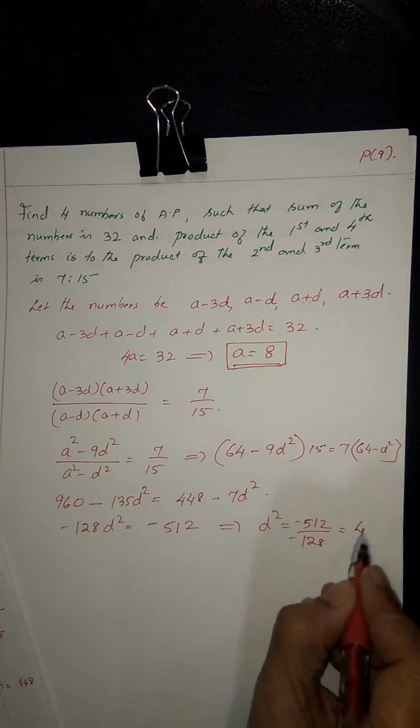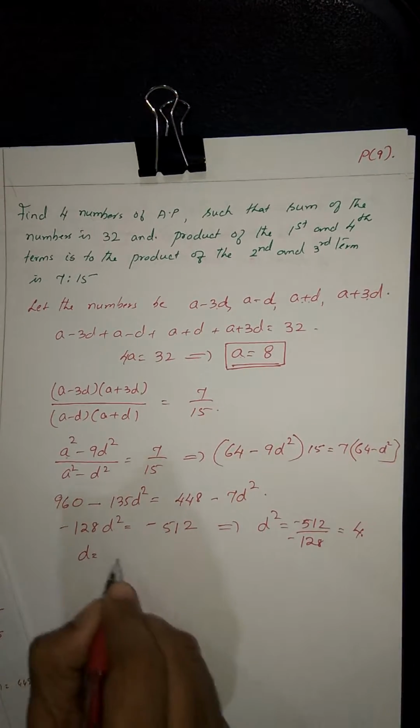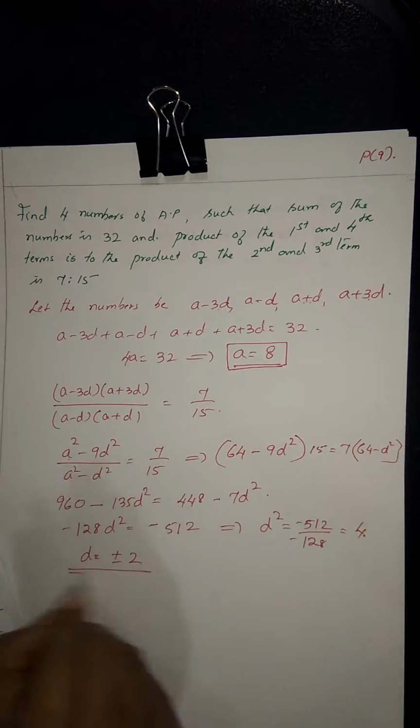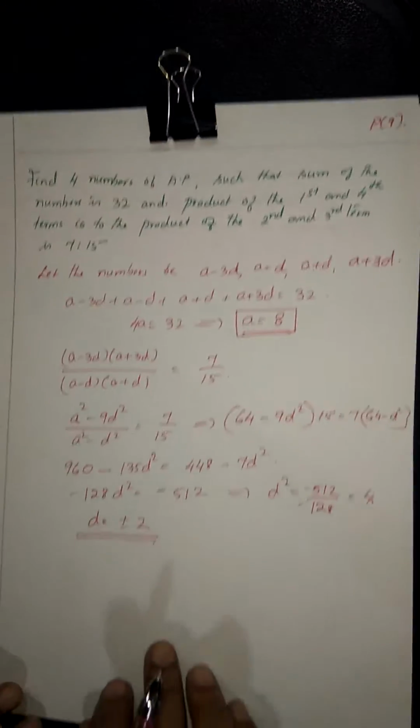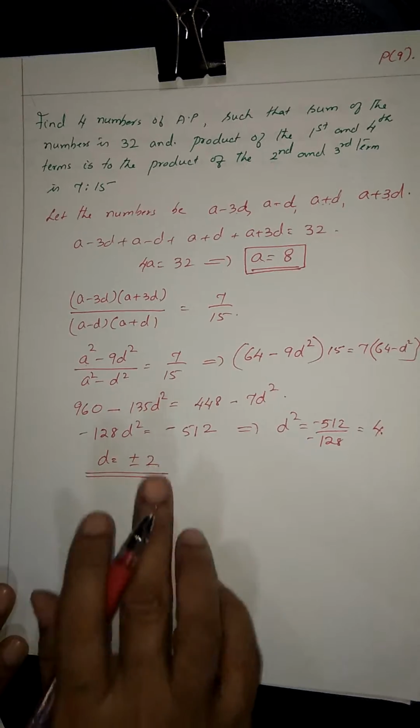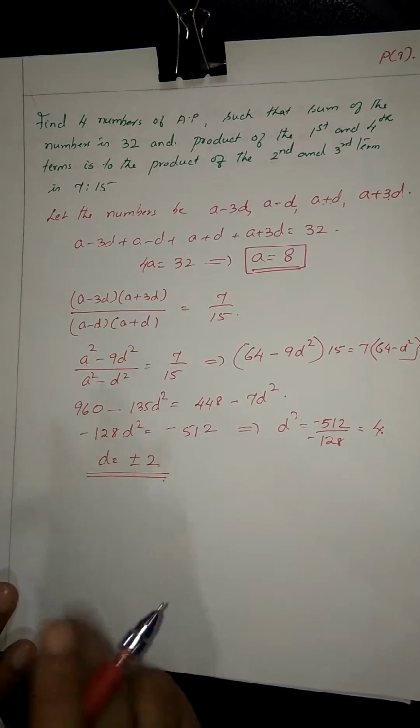So that becomes 4. So d is equal to plus or minus 2. So we have got a is equal to 8 and d is plus or minus 2.